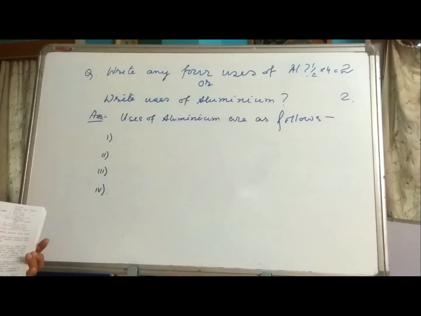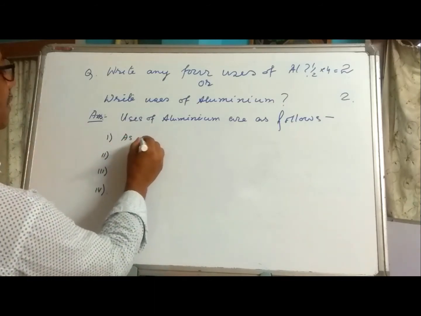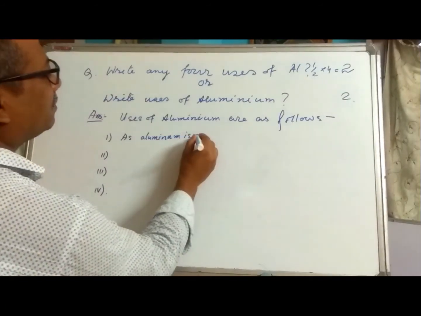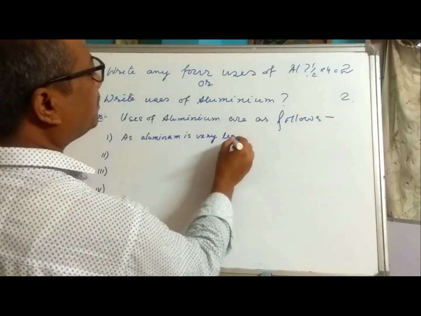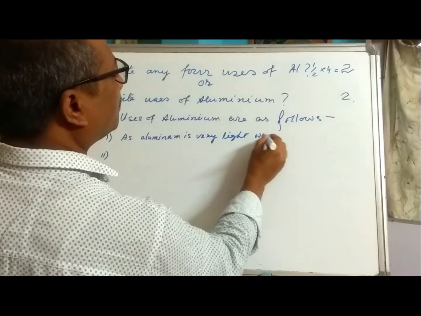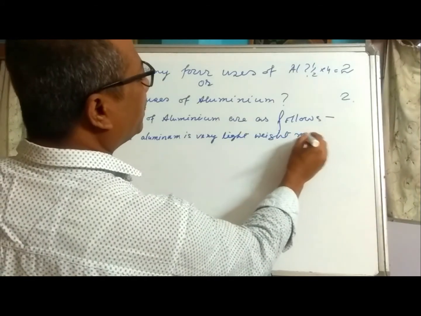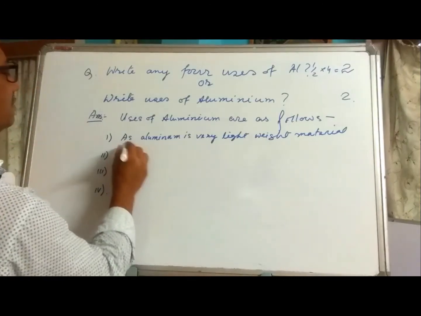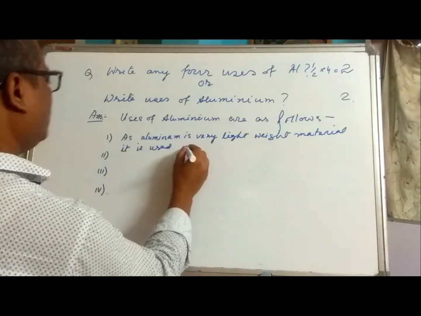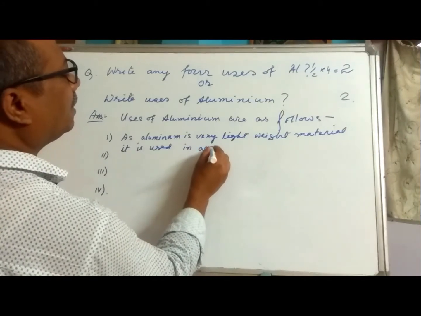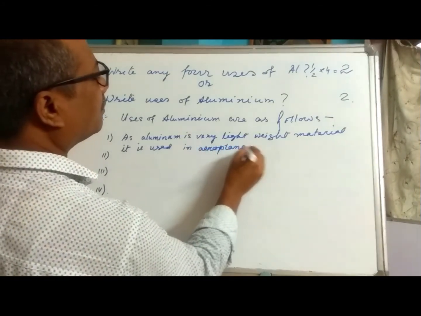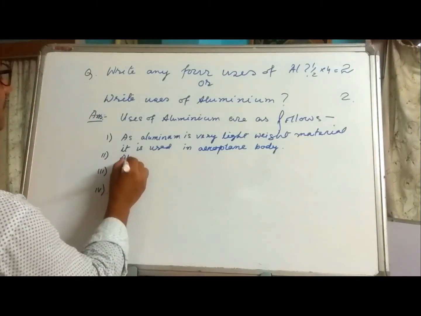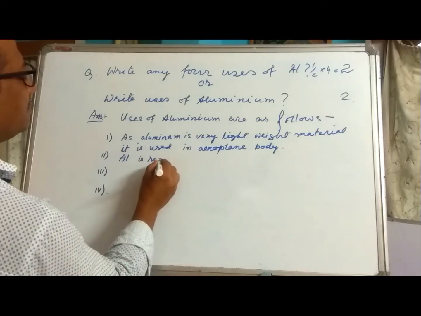So you can write: Number 1, aluminium is a very lightweight material. It is used in aeroplane bodies.